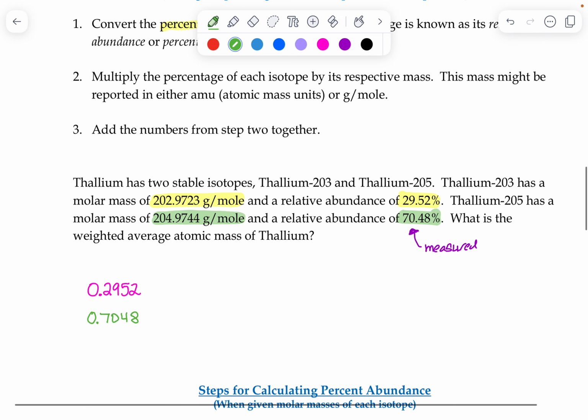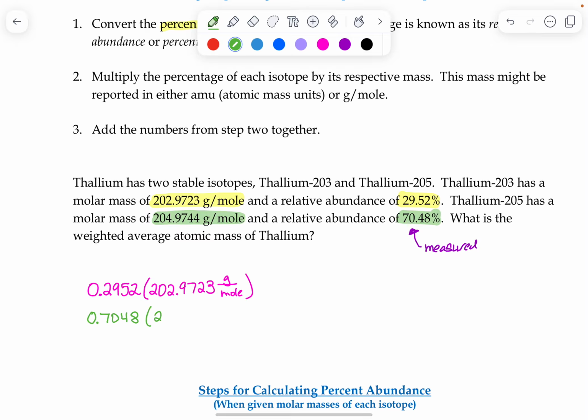Then I'm going to multiply those percentages by the mass that goes with it. So the mass of the first isotope is 202.9723 grams per mole. And the other one is 204.9744 grams per mole.